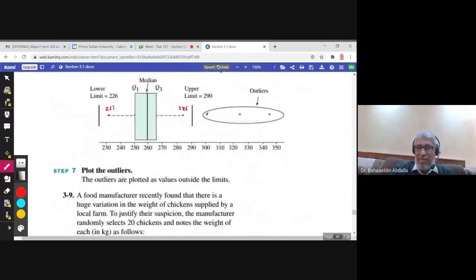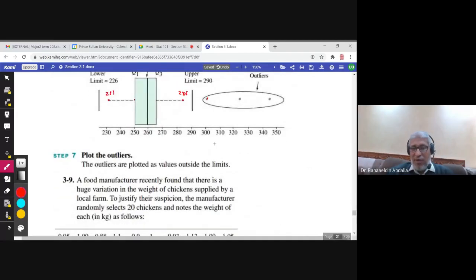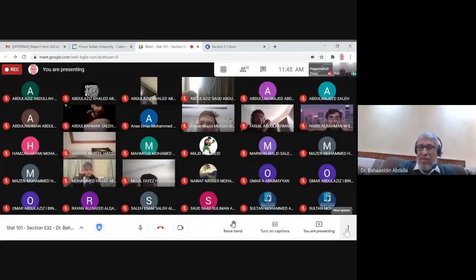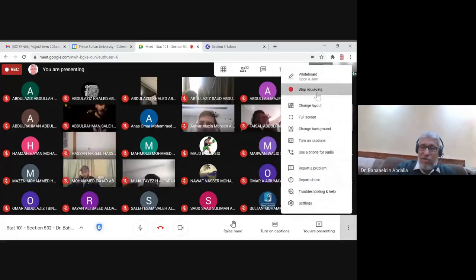I put an asterisk here, and above 325, I put an asterisk, and above 345, I put another asterisk, and I have three outliers. There are three outliers in this data. I stop here, and next time we take another example about the box plot. I open the floor.